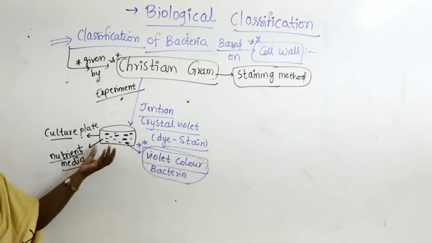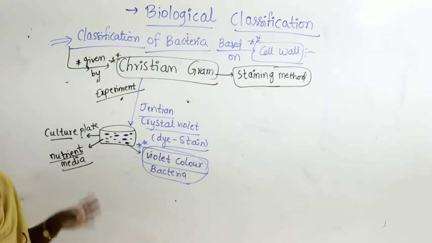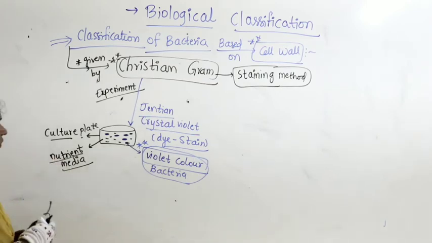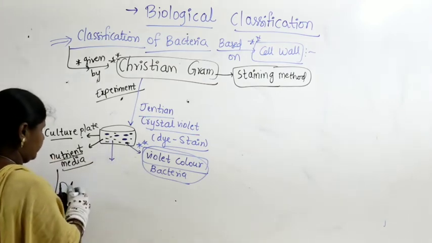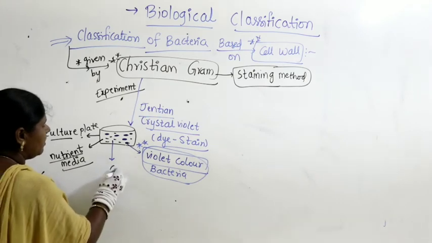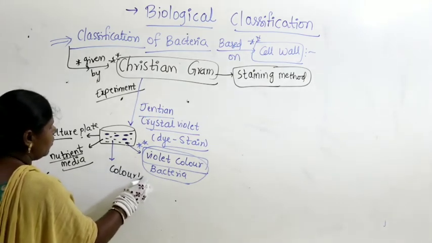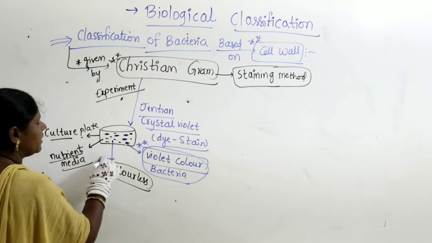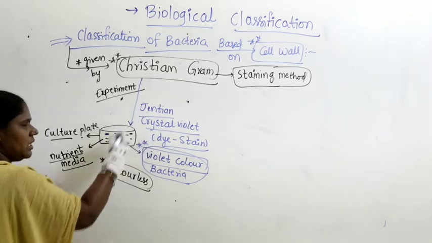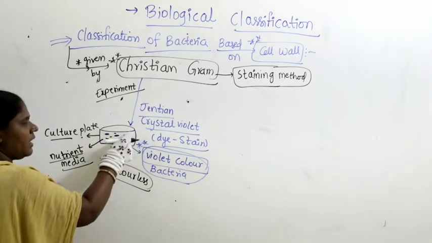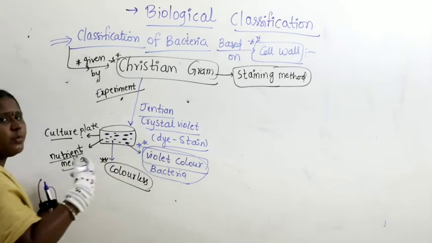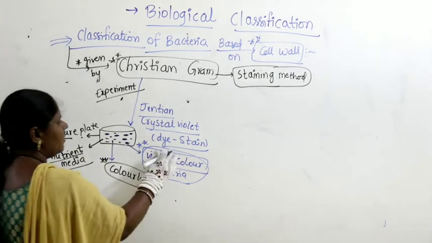All bacteria could not take the stain. What he observed is that some bacteria were colorless. Only some bacteria were able to take the gentian crystal violet stain. They absorbed the stain, took the dye, and appeared in purple or violet color.